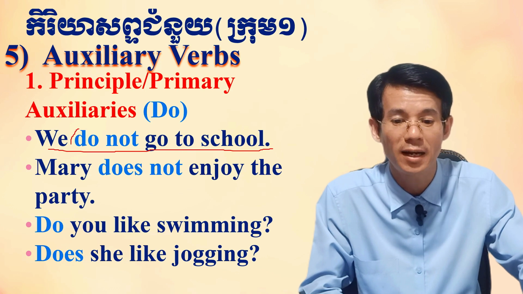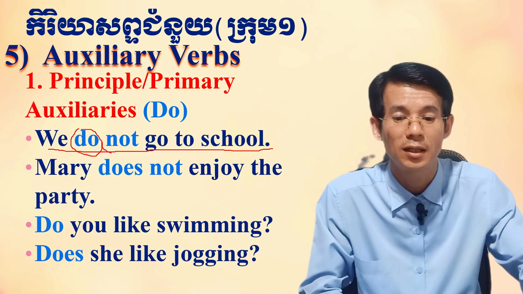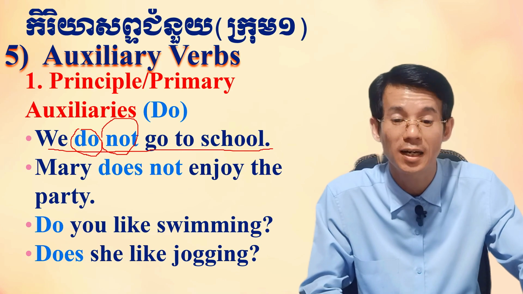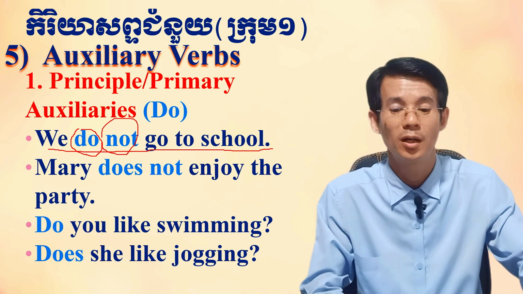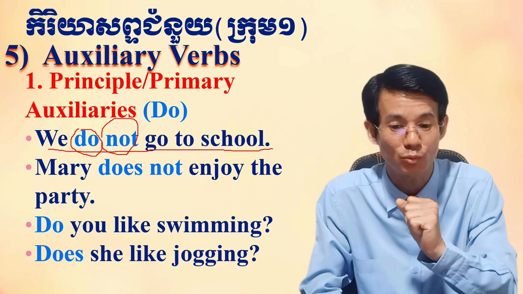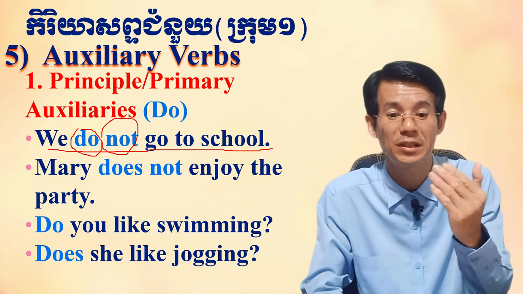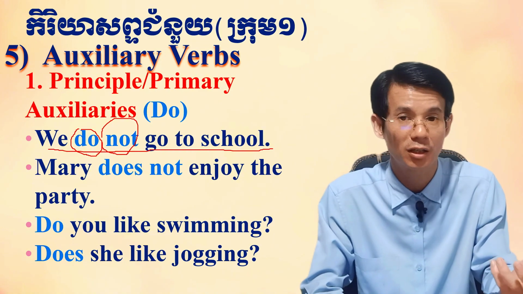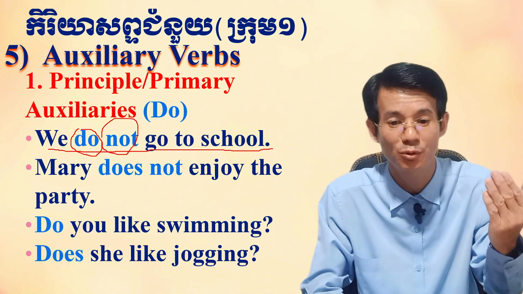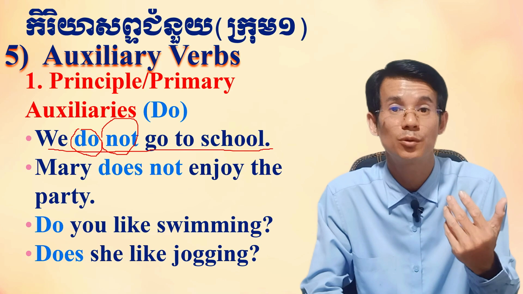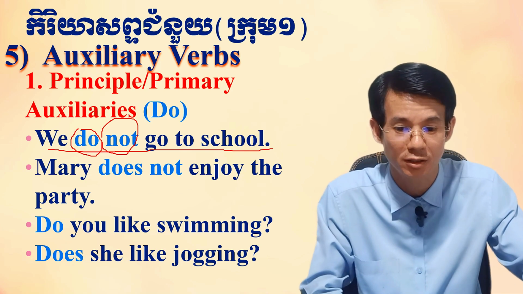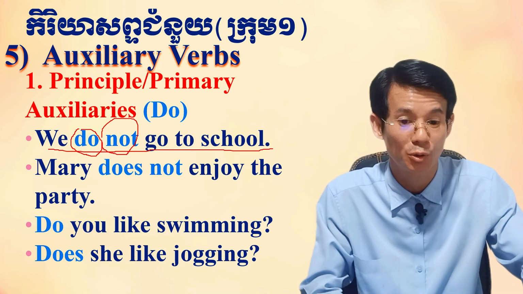And then we add do and not, which are the auxiliary verb, to form negative. We cannot say we go not to school or we not go to school. We have to use auxiliary verb do.